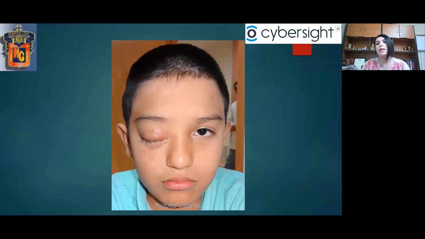So here we have the patient. If you can see the expression, he looks mad. After seeing a lot of doctors, he doesn't want to cooperate, but we can see in the right eye that the eyelid is very big, bigger than the other. It's so big that he cannot move the eyelid, he cannot open it.